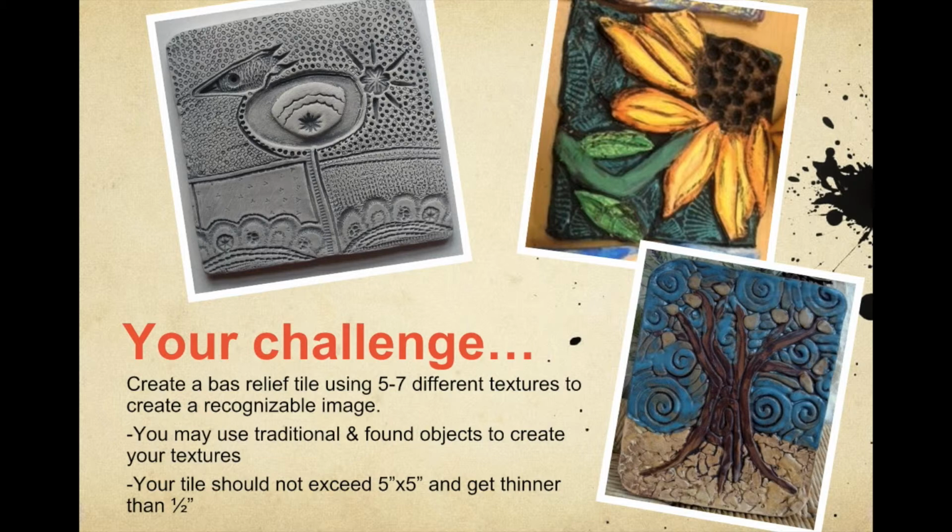Now, as you can tell, the designs here, there's a recognizable image. It does not need to be realistic, okay? It can be a little bit more abstract, but there's definitely a background kind of with it. All these different textures make up the image that we see. Also, things are carved down to help pop up some of these images.